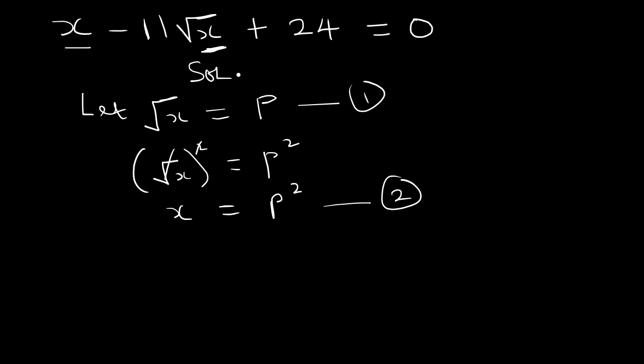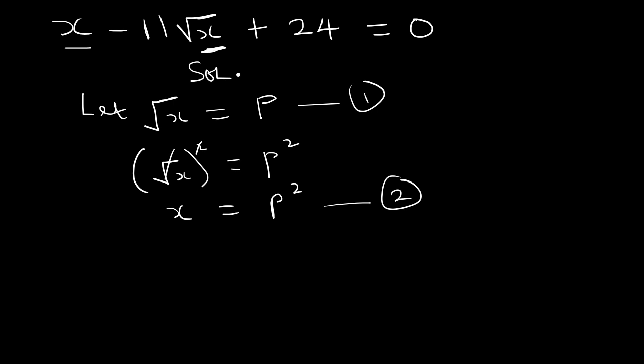We are going to substitute the values of p into equation 1 or equation 2 in order to find our x. But I'll prefer using equation 2 because it has been simplified and it will enable us get our x directly. We can also use equation 1, but the difference is that using equation 1 means that we are going to square both sides in order to find x.